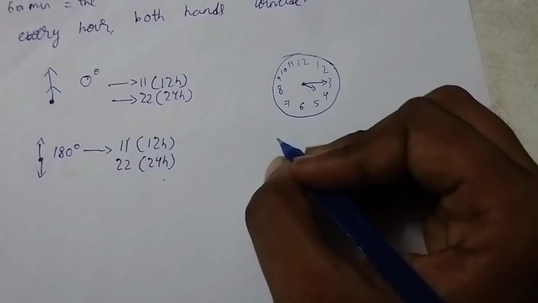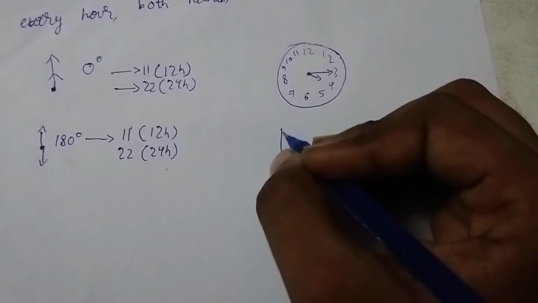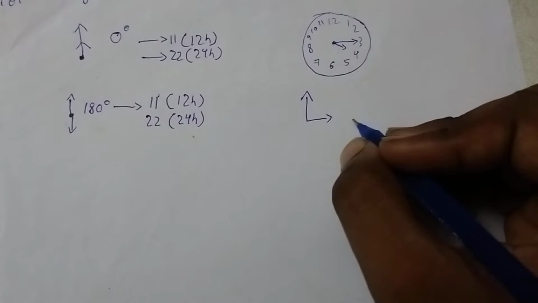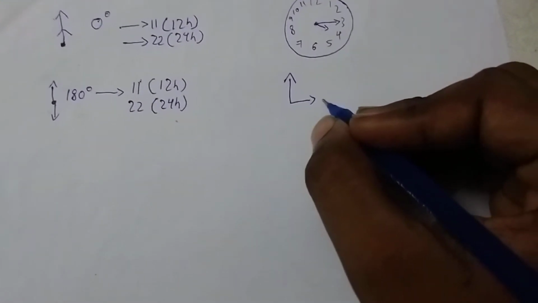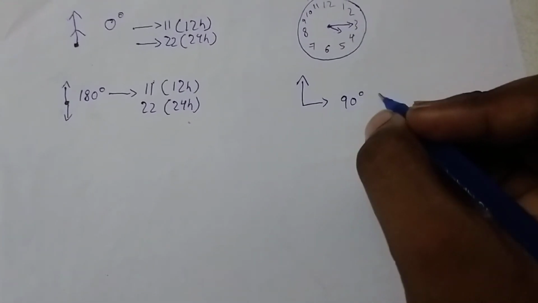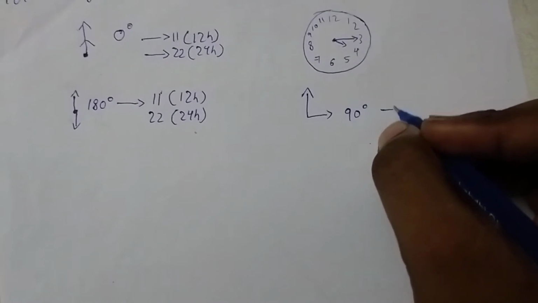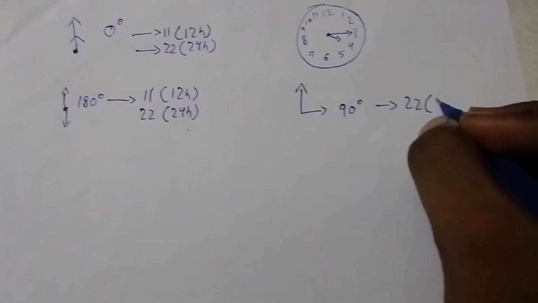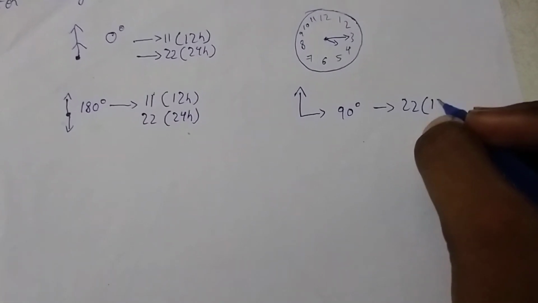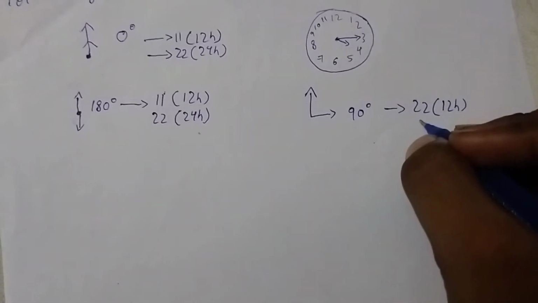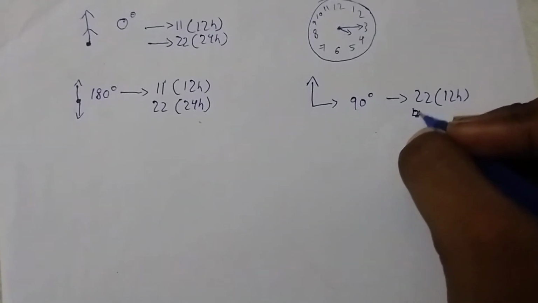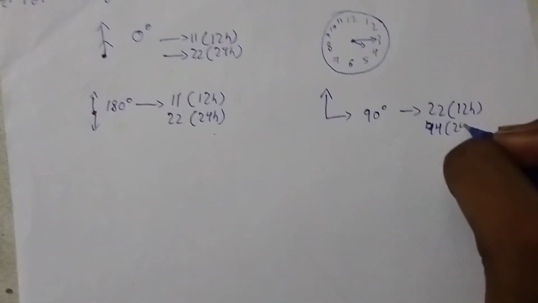When it comes to a right angle, that means 90 degrees, for every 12 hours it will happen 22 times, and for one day, that means 24 hours, 44 times.